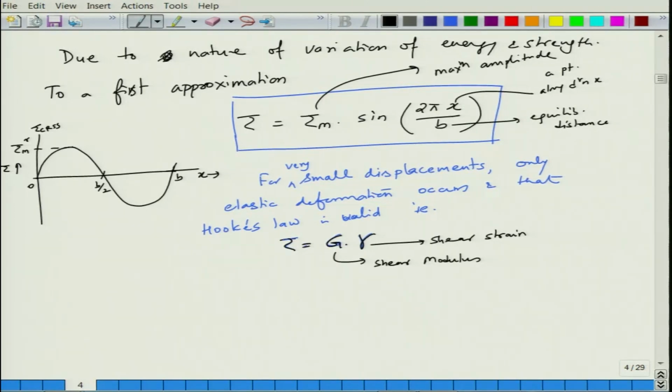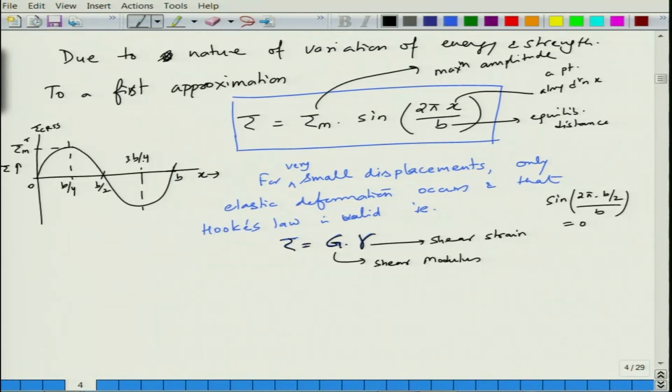When x is equal to b by 2, sine of 2 pi into b by 2 divided by b is sine pi, so this will again become 0.